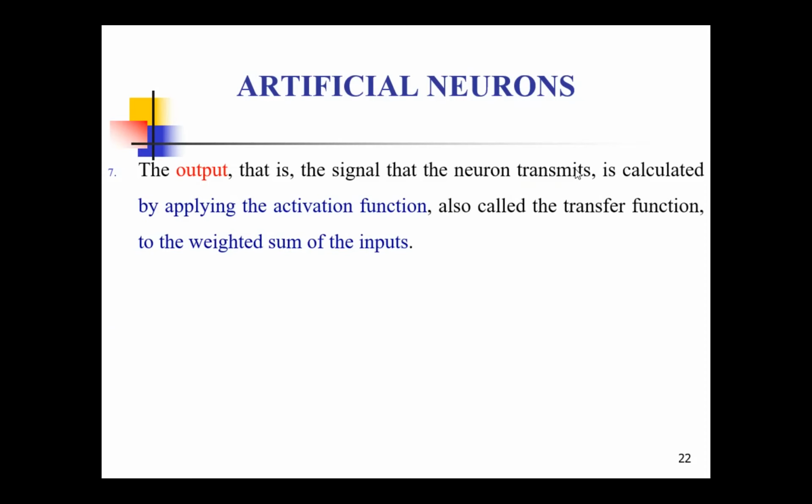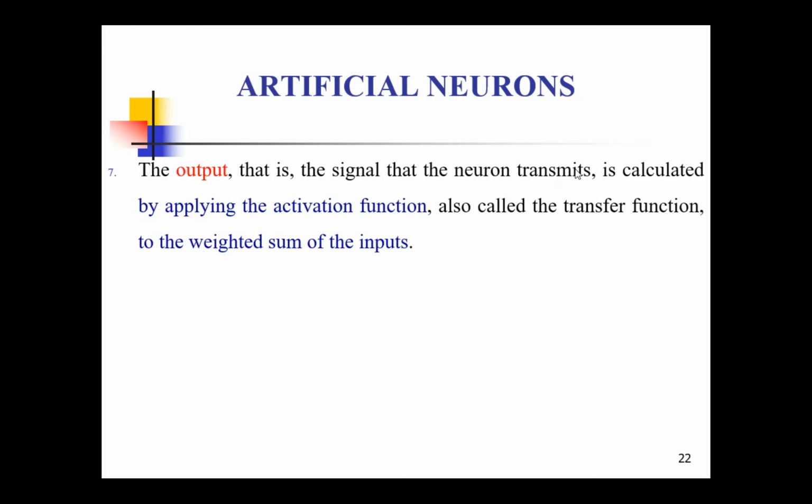The output, that is, the signal that the neurons transmit, is determined by applying the activation function, which is also known as the transfer function, to the weighted sum of the inputs. So the weight that we consider for the input parameters will have an effect on this.